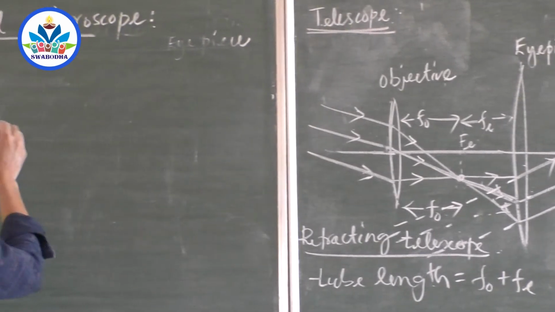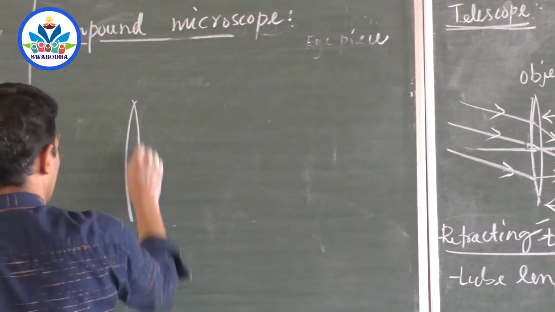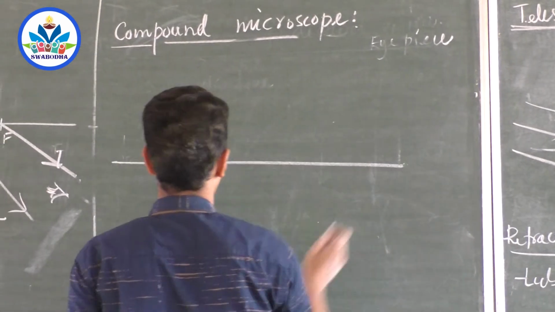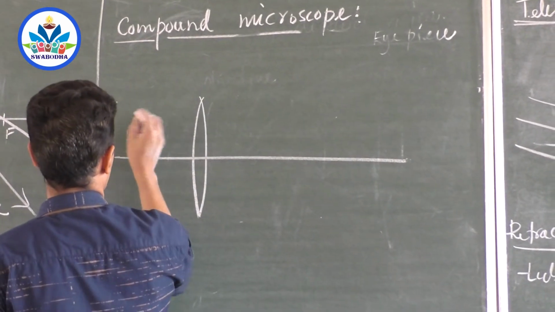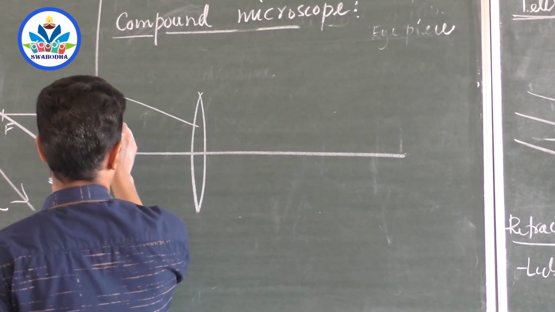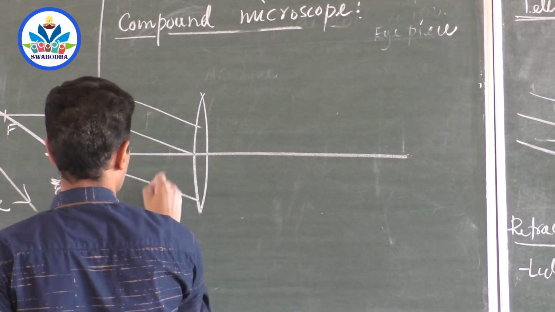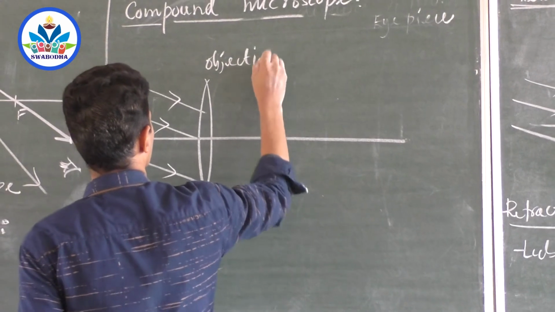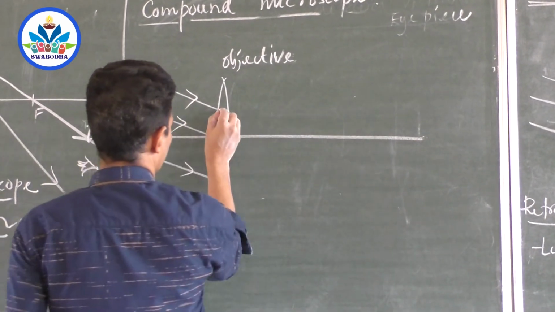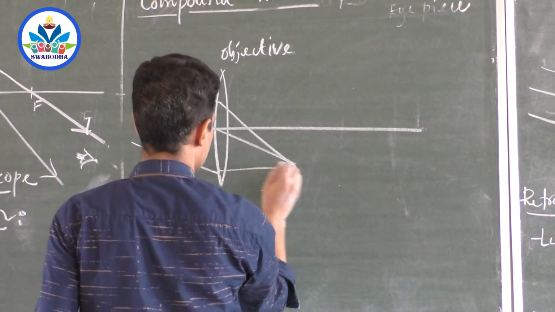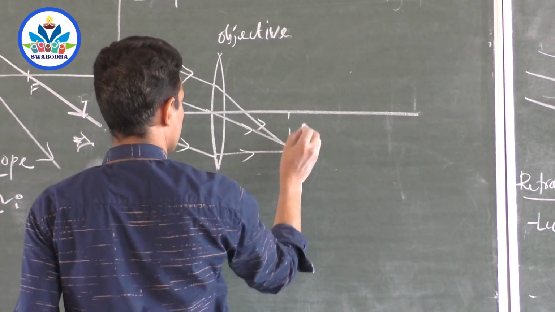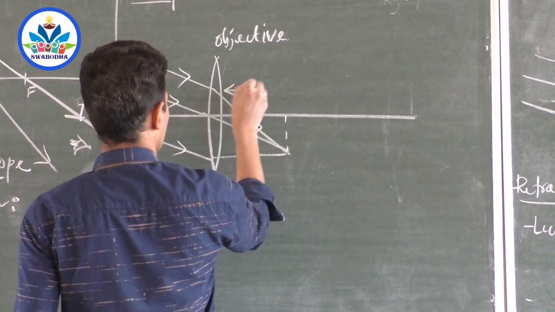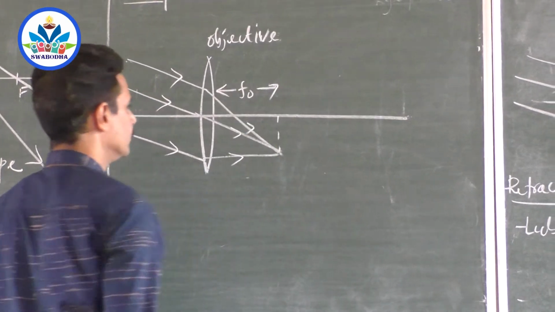Now, how is that telescope? I can take parallel rays to fall on the first lens, that is the objective. This is the objective. Now they get focused at a point like this, and that is called the focus of the objective, and this is the focal length of the objective.